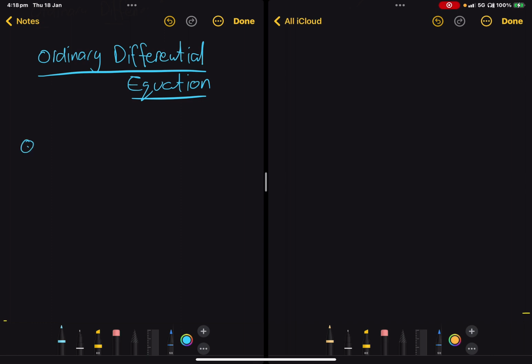So our question here is going to be dy/dt is equal to (ty + 3t) over (t squared + 1), with the initial condition y of 2 is equal to 2.